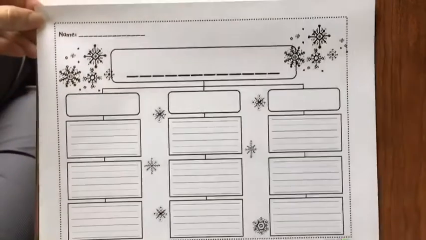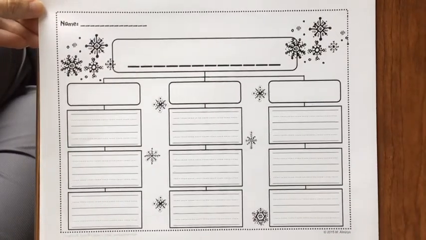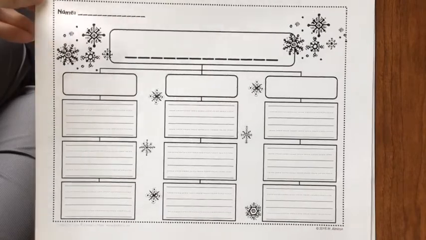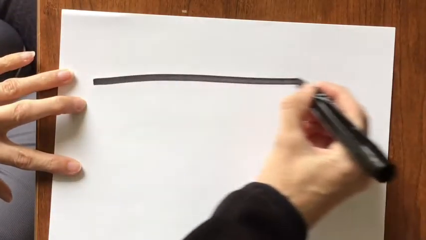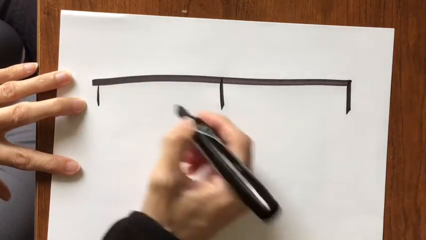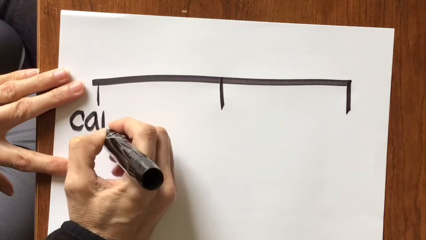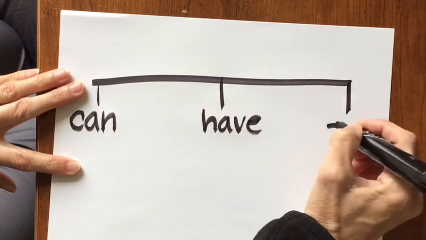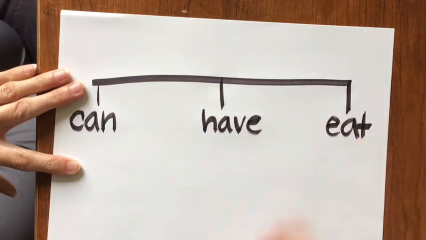Now, some of you may not have a tree map. I actually have one that I have printed off, but I have a printer at home. You do not have to have a printer. You can take a piece of paper and you can draw a tree map with 3 branches and write the words can, have, and eat.